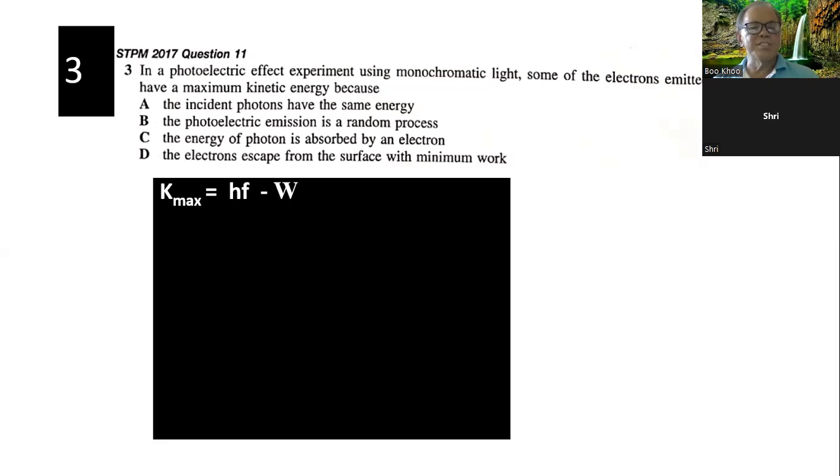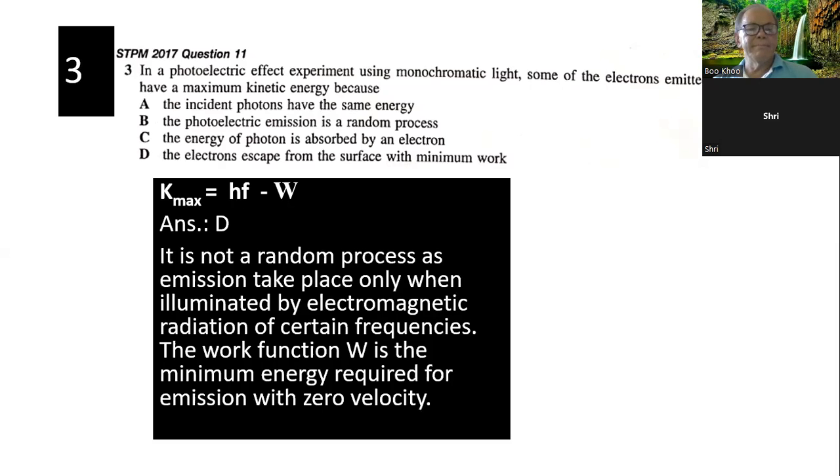Basically, we are just using this equation. Maximum kinetic energy equals energy of photon minus work function. D, correct? It's not a random process, as the emission takes place only when illuminated by electromagnetic radiation of certain frequency. Work function is the minimum energy required for emission with zero velocity.